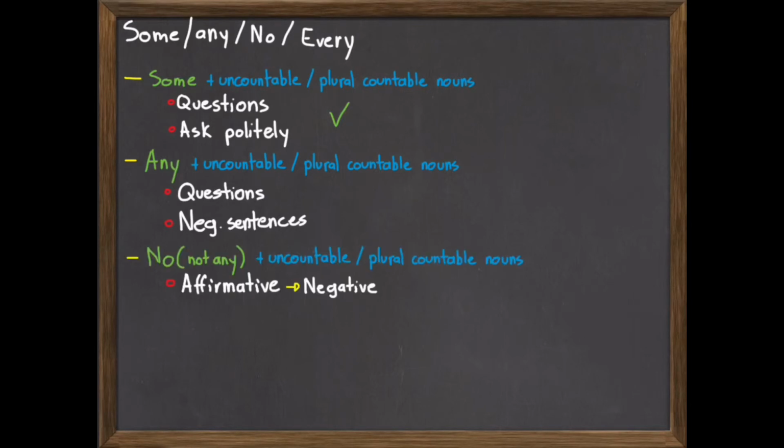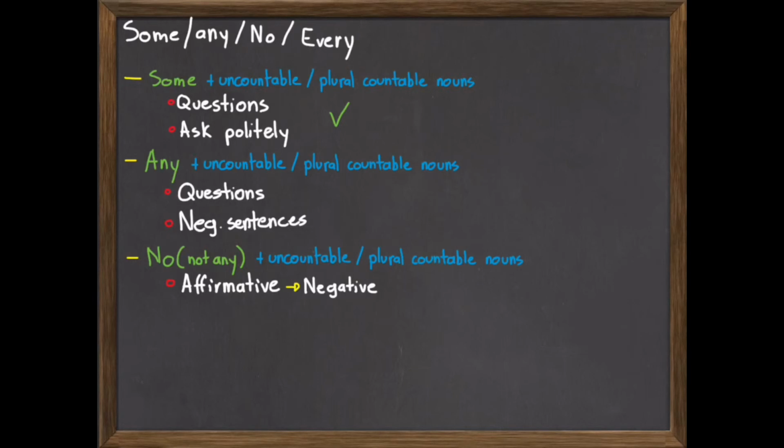The next part, no or not any, and any uncountable or plural countable nouns. They're used to talk about an affirmative sentence to give a negative meaning. What does this mean?